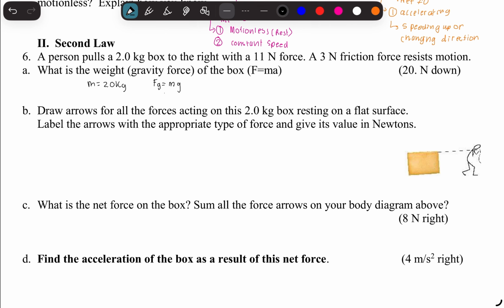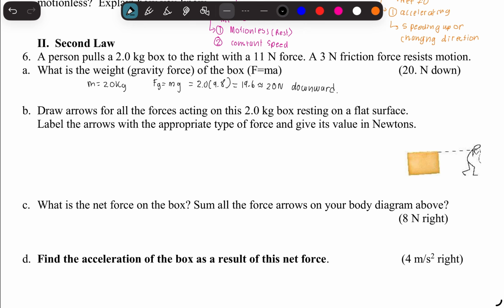Plugging in our numbers, we have a mass of 2 times 9.8, and this is approximately 19.6, which is approximately 20 newtons, so we're going to say 20 newtons downward.